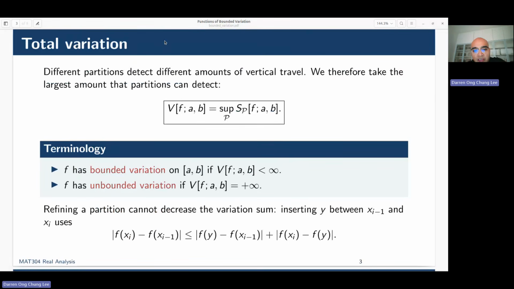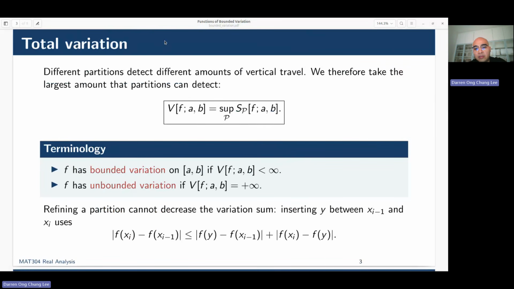So one observation is in connection to refinements of partitions. If you may remember, we refine a partition by adding more points into the interval. If we refine a partition so that we cut up the subintervals into even smaller subintervals, this cannot decrease the variation sum. This is due to the triangle inequality.